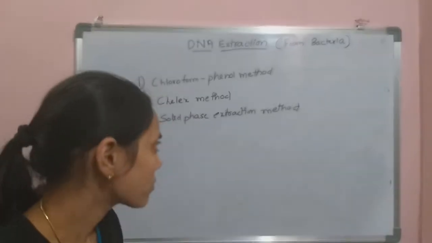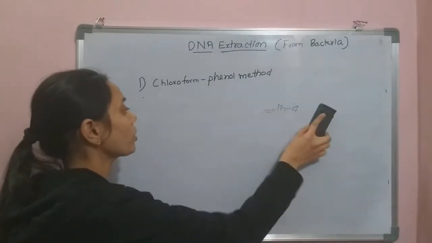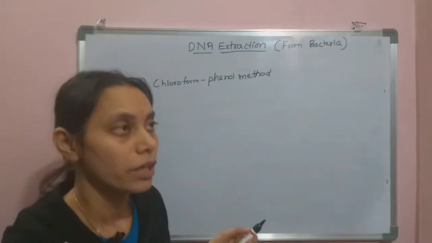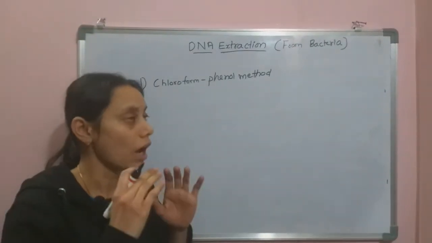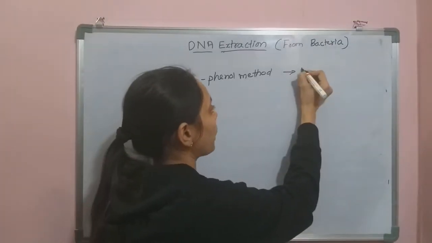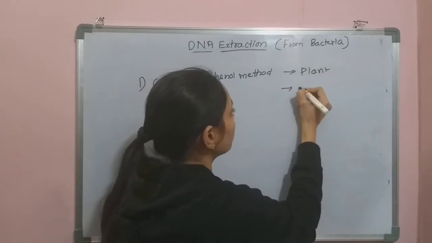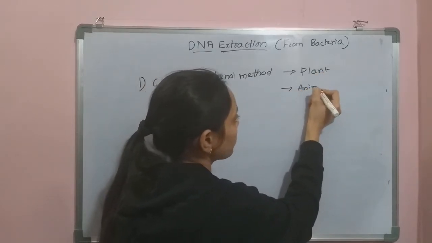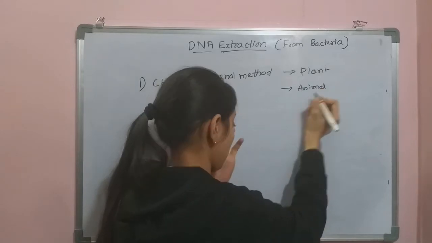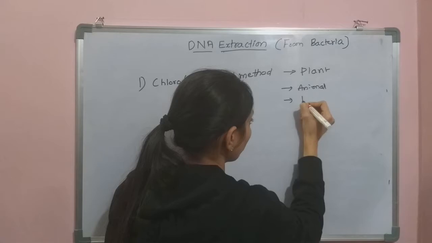Using this chloroform phenol method, we can isolate the DNA from either plant or animal cells, or maybe from bacteria.